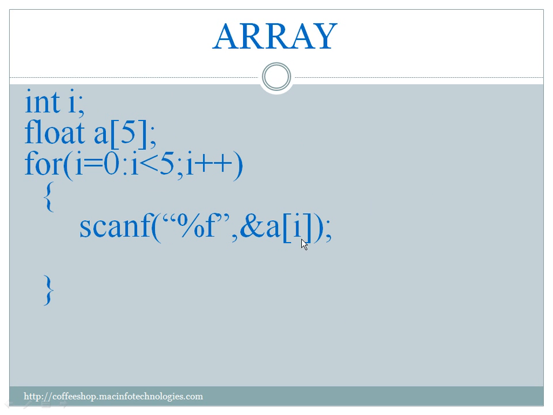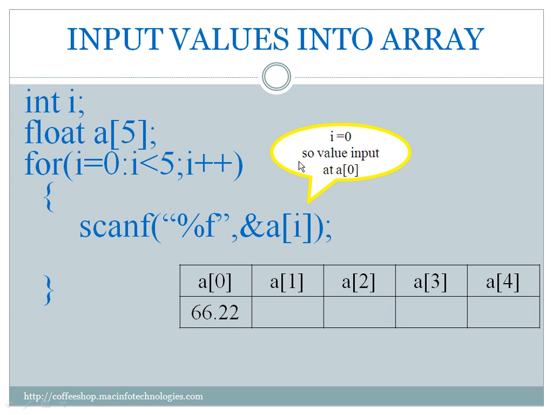Or if you want to initialize an array using a loop, you can do it similarly. You can use a for loop. Everything is the same as what we saw earlier. When I is equal to 0, if the user enters 66.22, it will be saved in A of 0. When the user enters 33.78, it will be stored in A of 1. Next, when I is equal to 2, the user enters 20.90, it will be saved in A of 2.